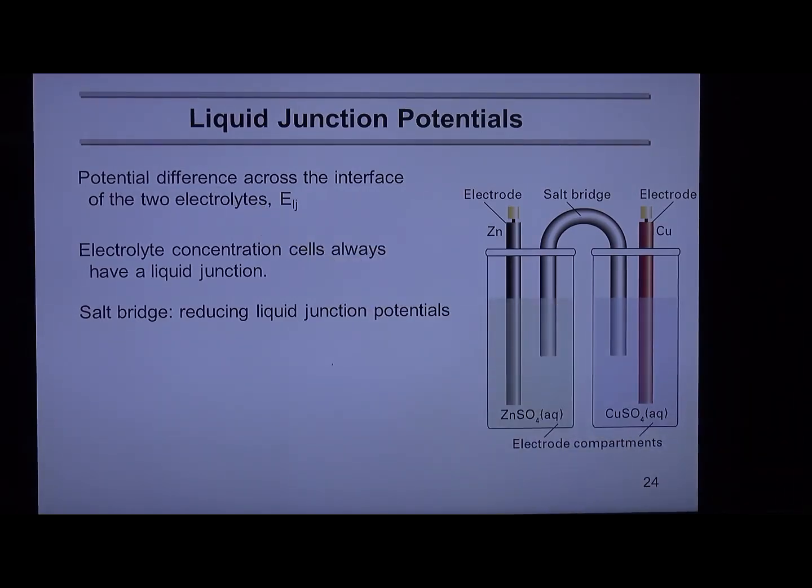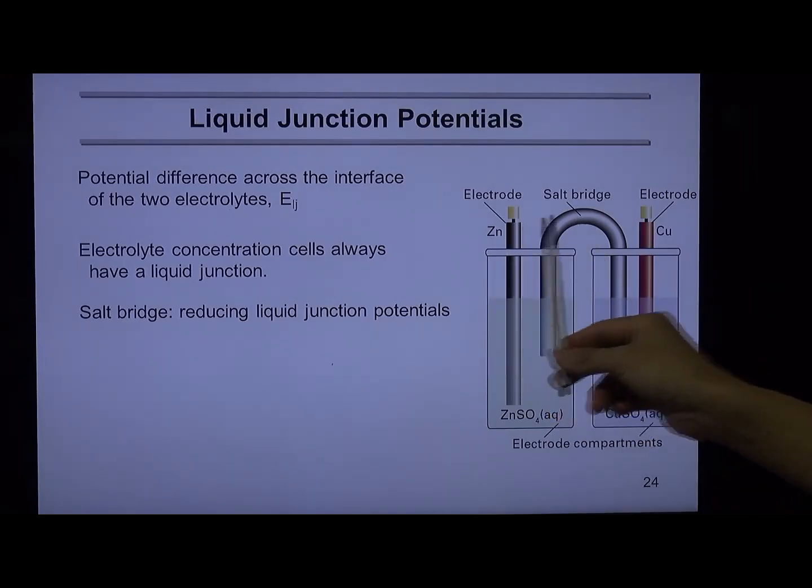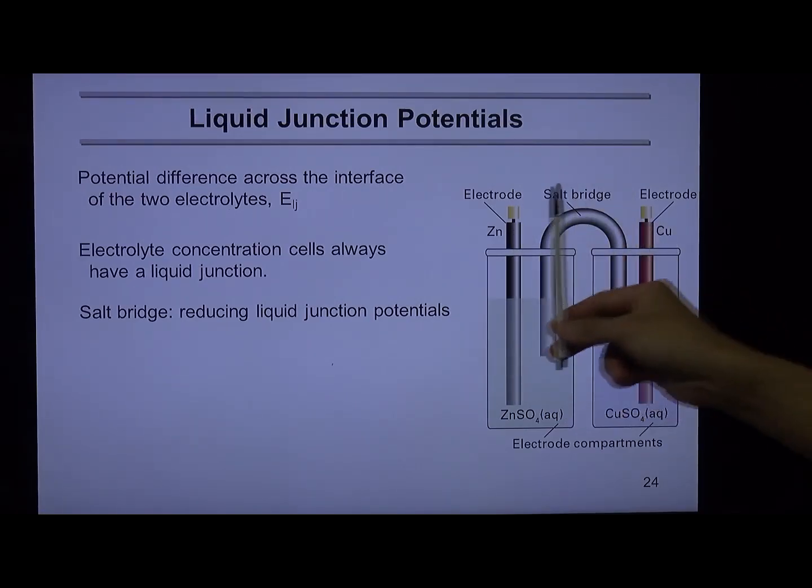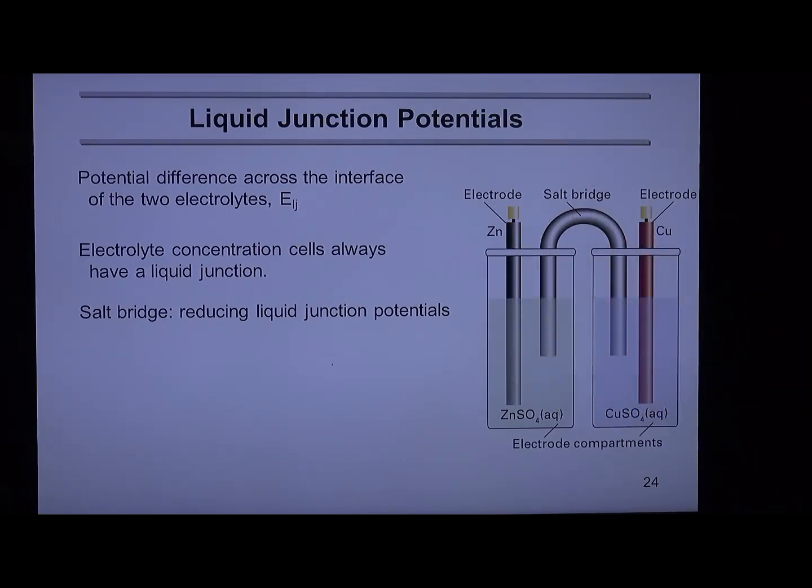That potential difference is called liquid junction potential. So, sometimes we really care about this liquid junction potential because we only need to worry about the potential difference between these two electrodes, basically two different redox reactions.